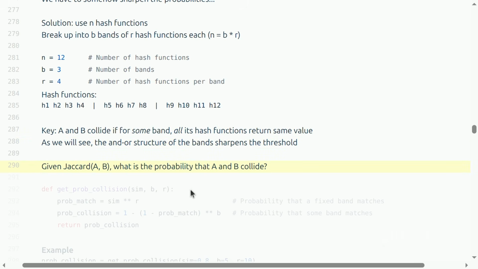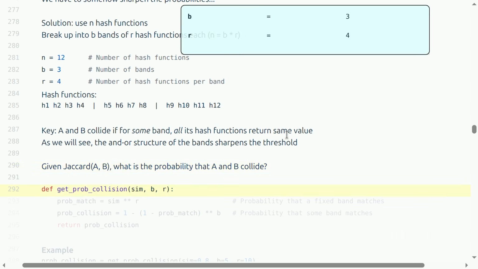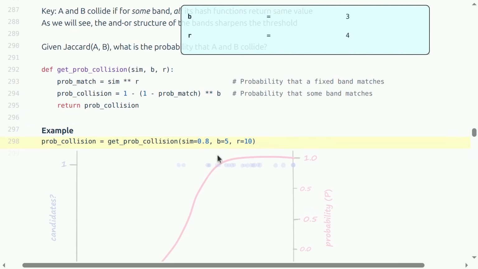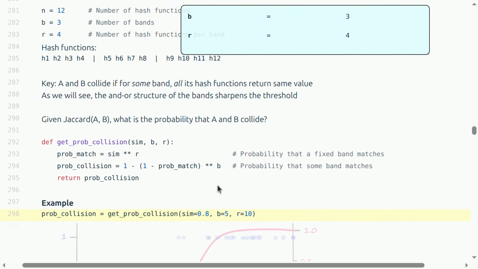So now let's say you have a particular Jaccard of A and B. What is the probability that A and B collide according to this definition? We can calculate this. Let's say the Jaccard similarity is 0.8, and we have 5 bands, and each band has 10 hash functions.